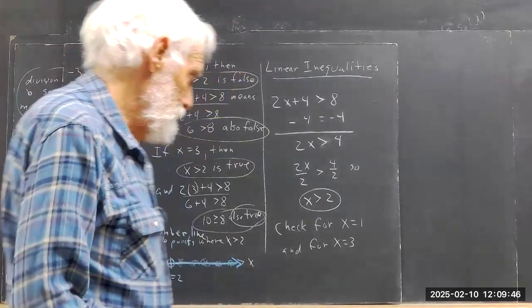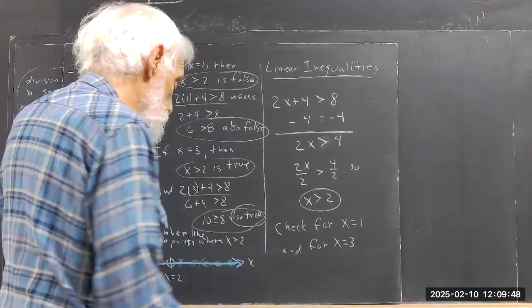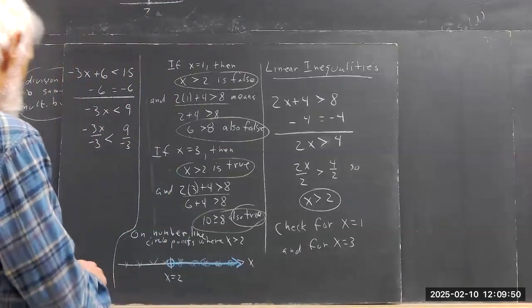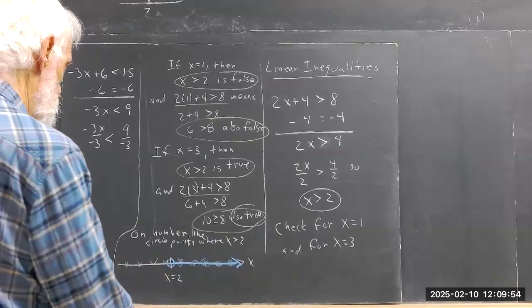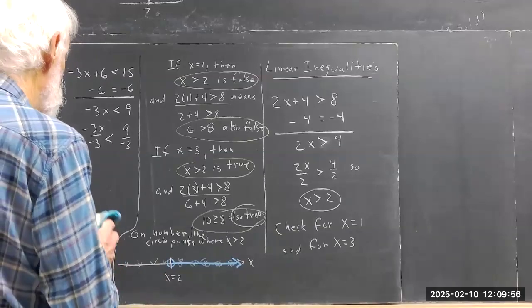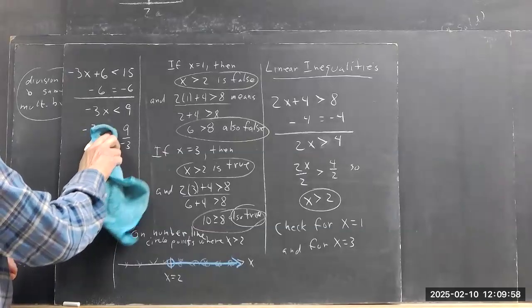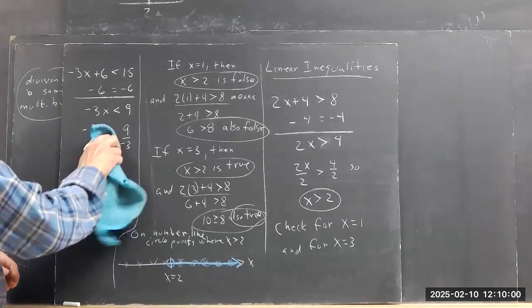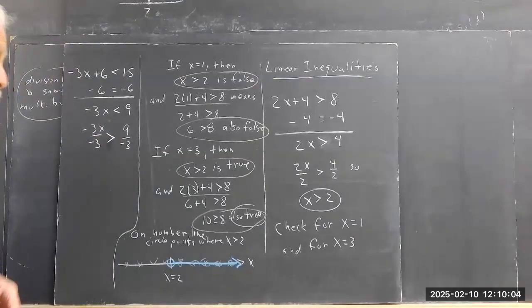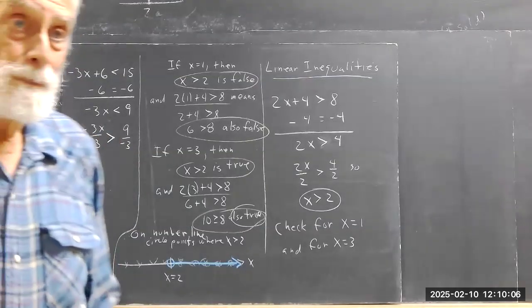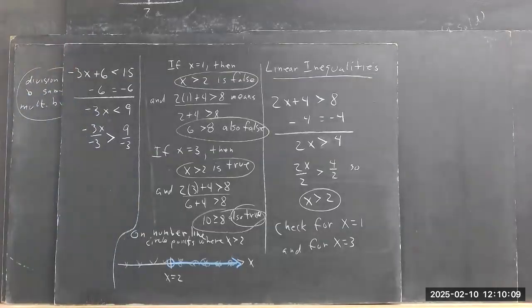So you knew. It's just a question of whether you've seen this before. When you multiply or divide by a negative, what's less becomes more, what's more becomes less, and the inequality reverses. Hopefully open math will make that even clearer to you.